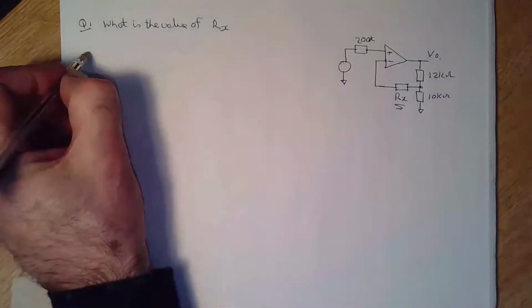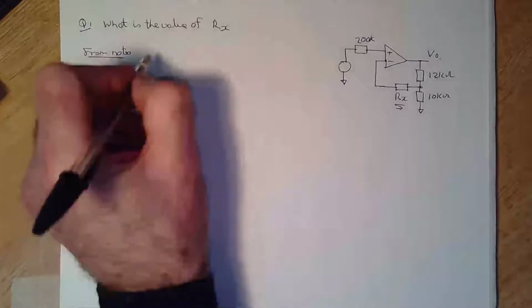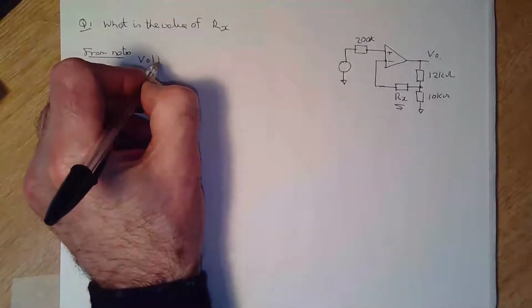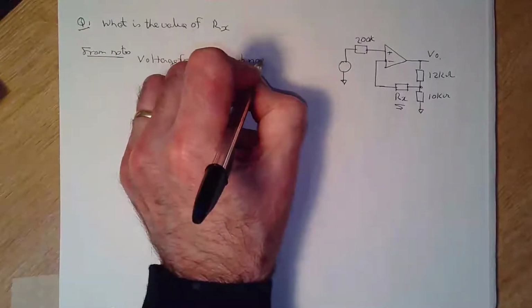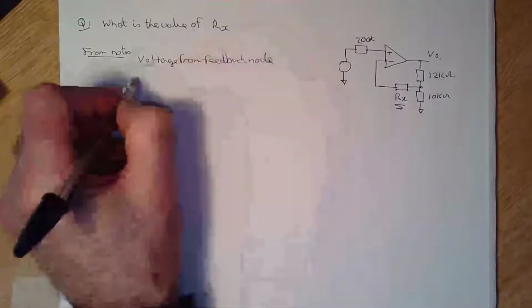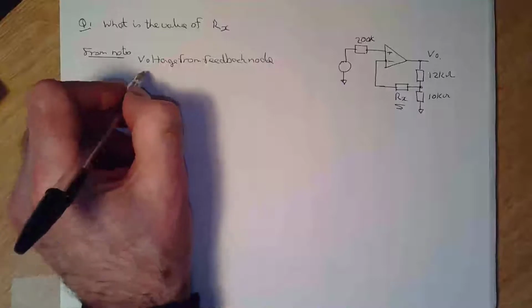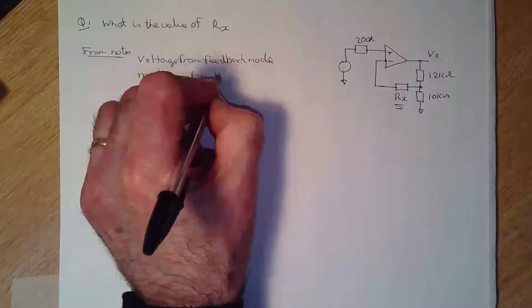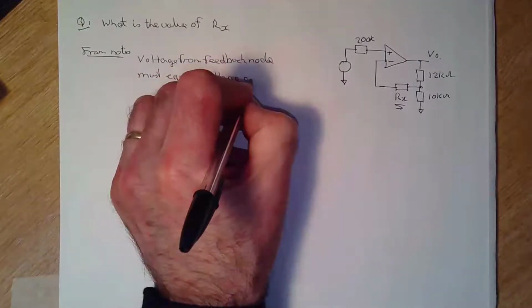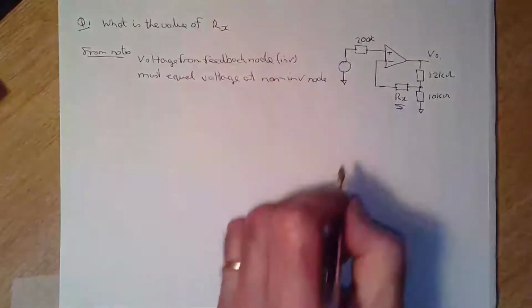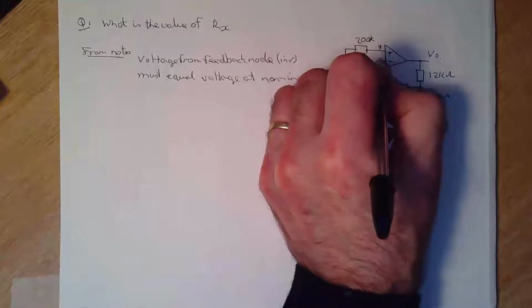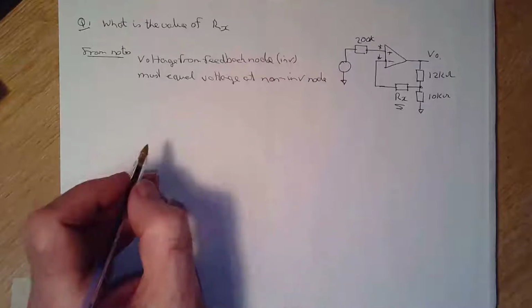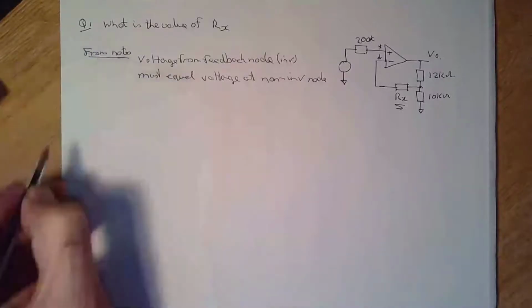We know from the notes that for cancellation of bias currents, the voltage from the feedback node must equal the voltage at the non-inverting node. In other words, this voltage here and this voltage here must be the same for the amplifier to operate correctly.